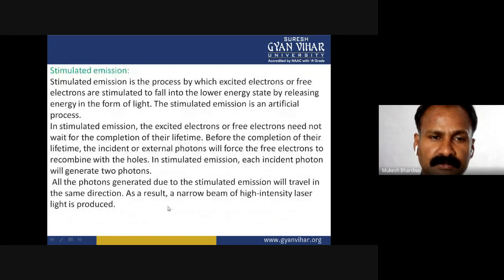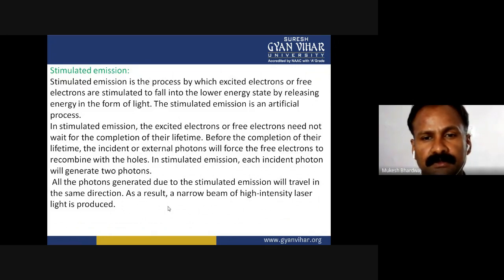Now, stimulated emission is the process by which excited electrons or free electrons are stimulated to fall into a lower energy state by releasing energy in the form of light. The stimulated emission is an artificial process. In stimulated emission, the excited electrons need not wait for the completion of their lifetime.